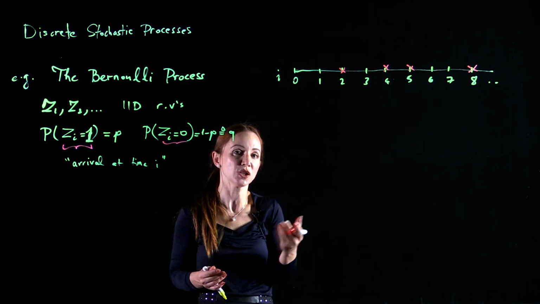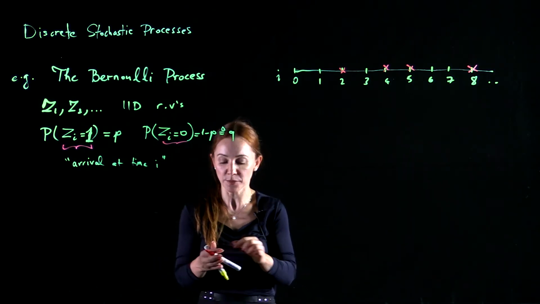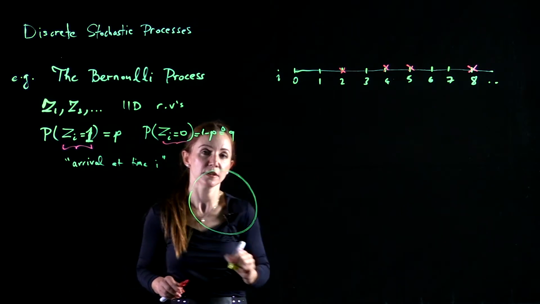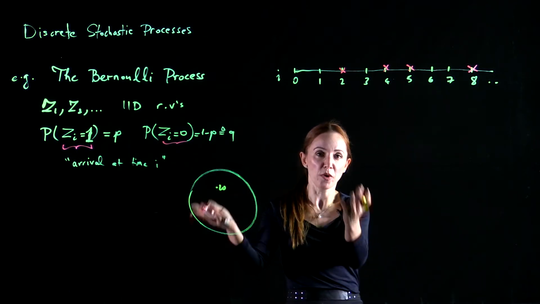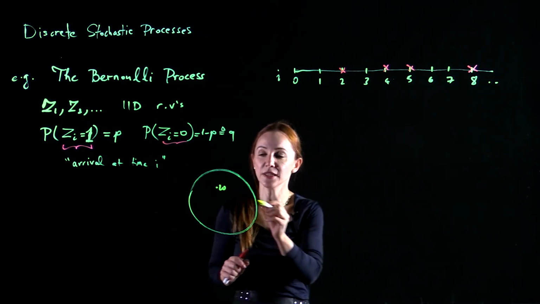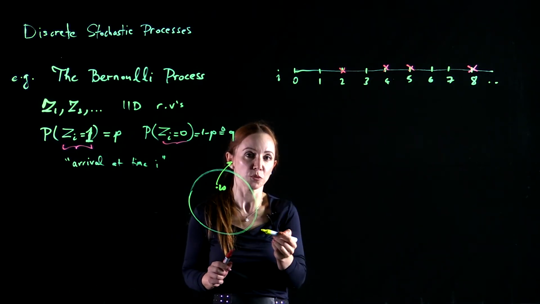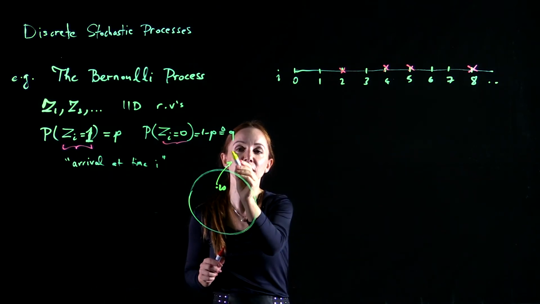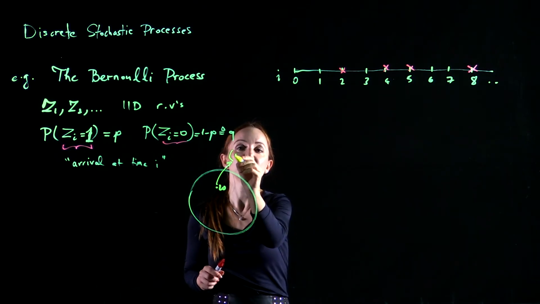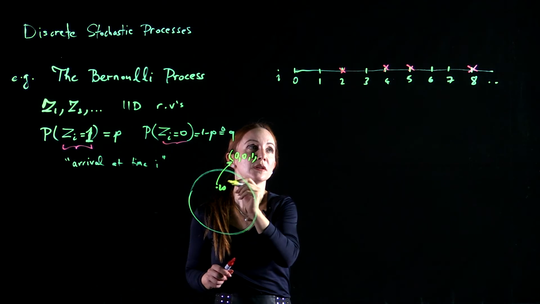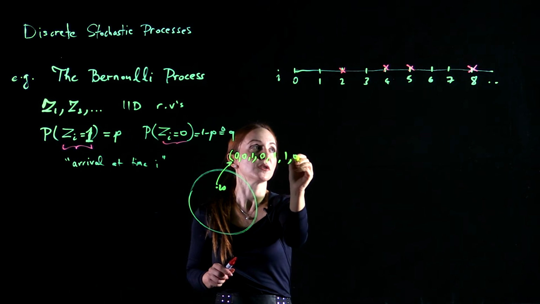A sample path in a stochastic process is a realization of the stochastic process, meaning, suppose we run the experiment and we get a certain omega from all possibilities in the sample space. And that omega gives us a realization of the stochastic process. In this case, it'll give us a sequence like 0, 0, 1, 0, 1, 1, 0, 0, 1.